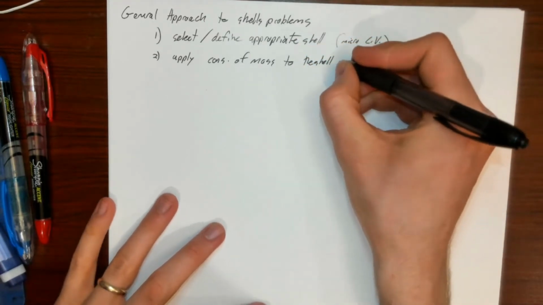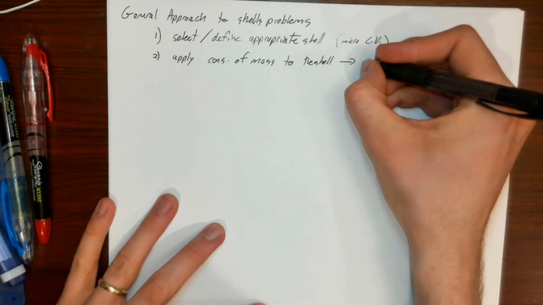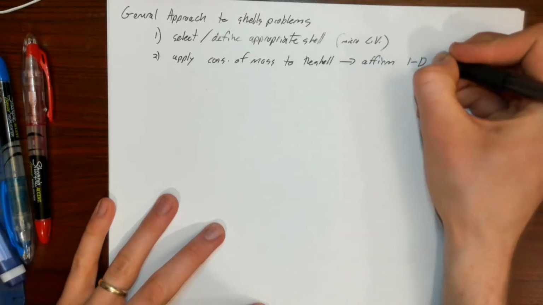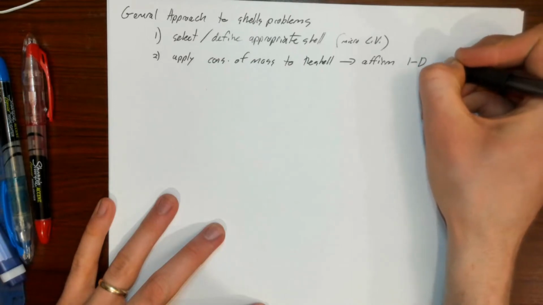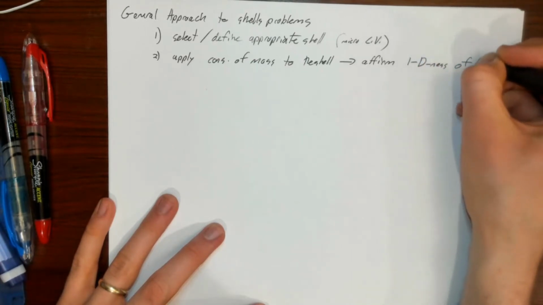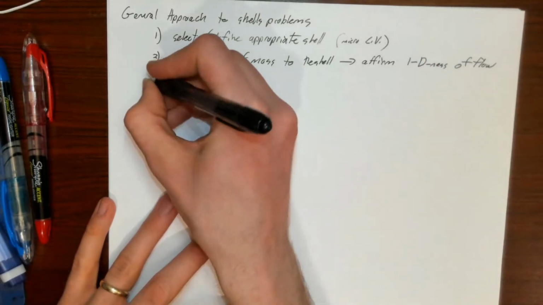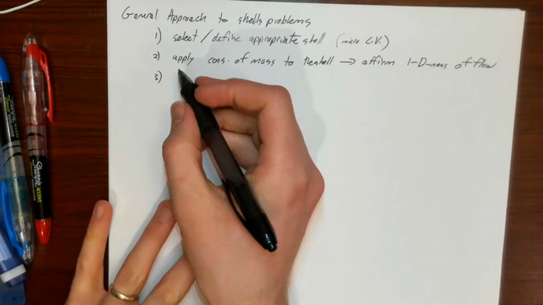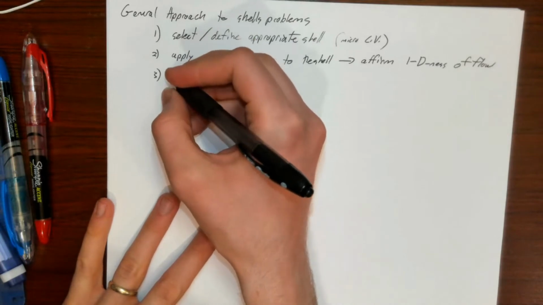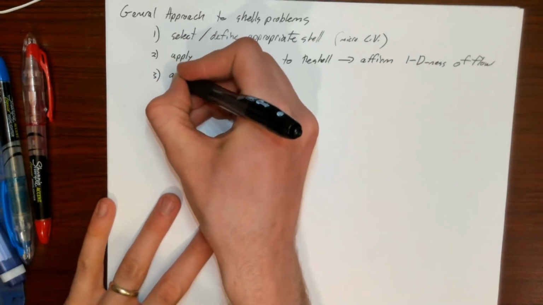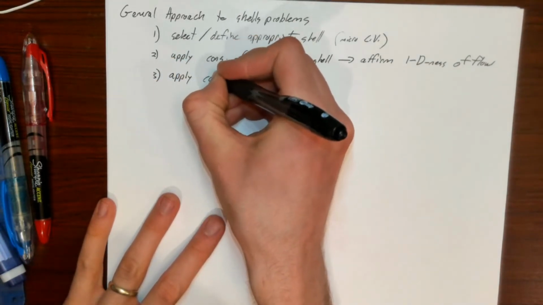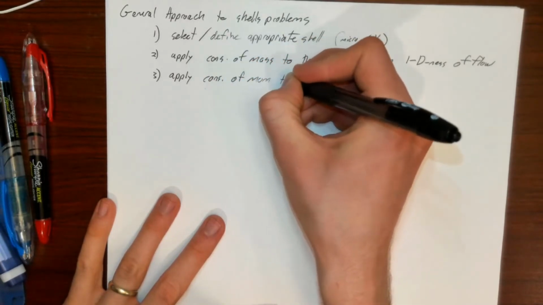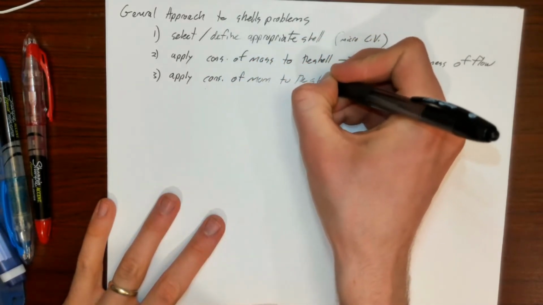Oftentimes what this does is affirm the 1D-ness of the flow. The third thing we do, after we've applied conservation of mass to the shell, is apply conservation of momentum to the shell.